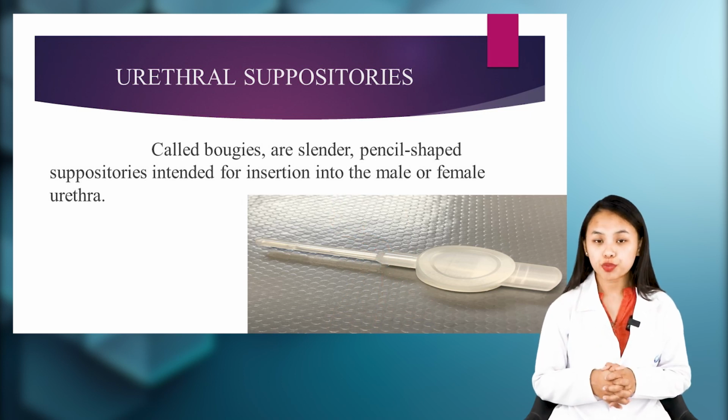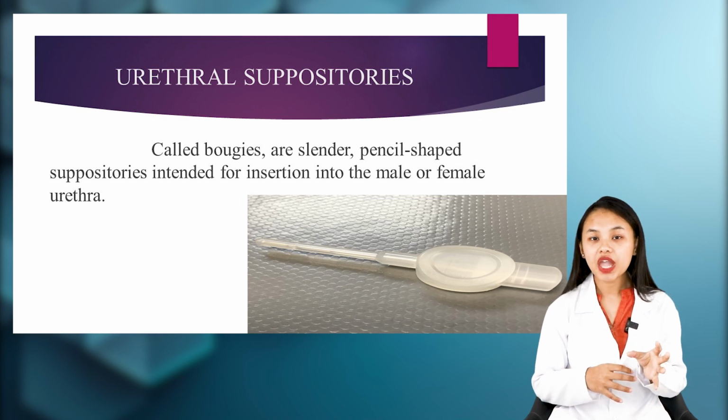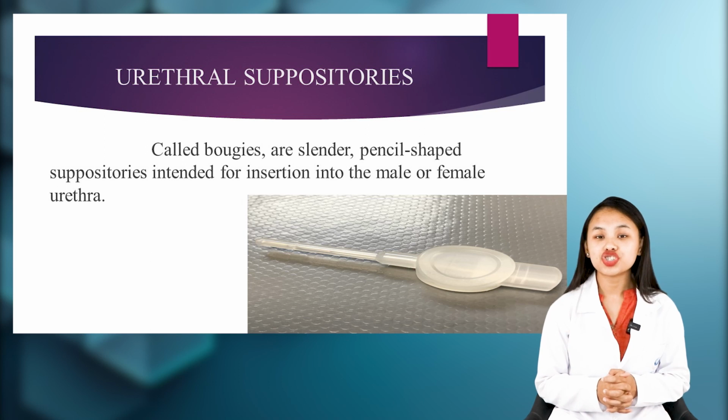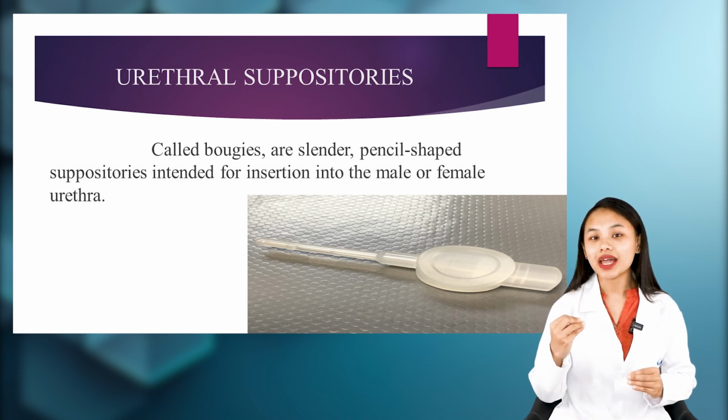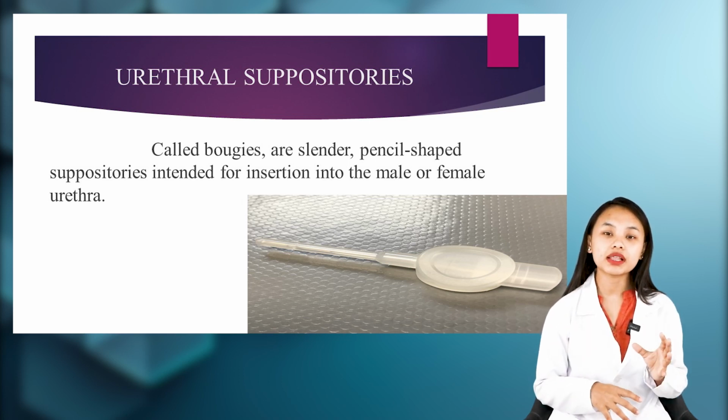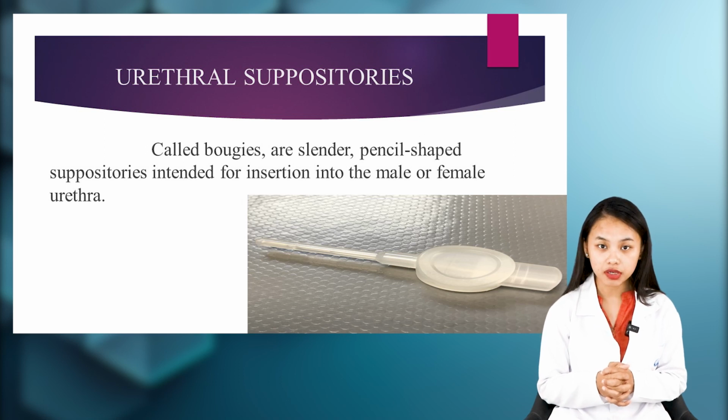The urethral suppositories, also known as bougies, are either slender or pencil-shaped suppositories intended for insertion into the male and female urethra.